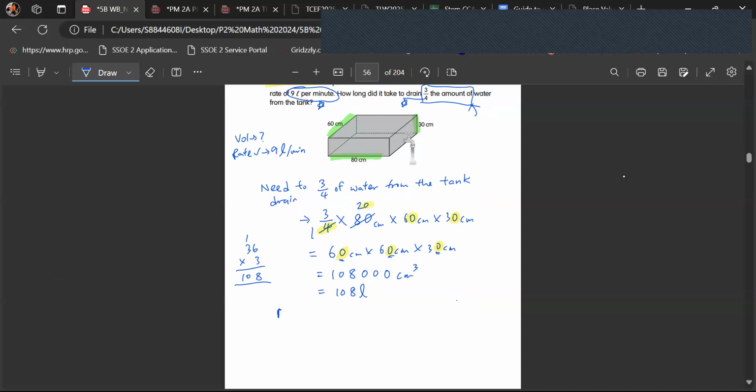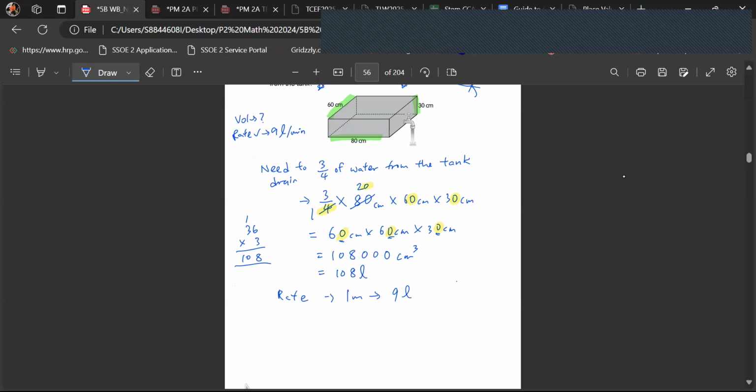The rate says for 1 minute is 9 liters. Okay. Now I need to drain 108 liters. How many minutes is that?